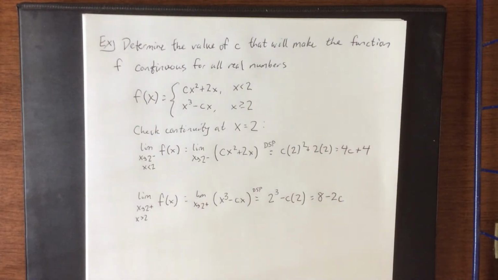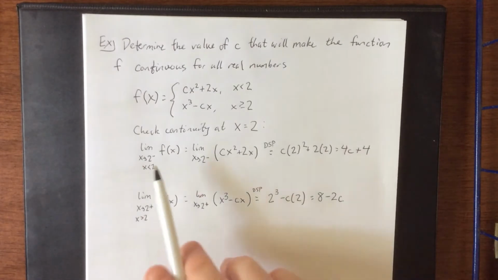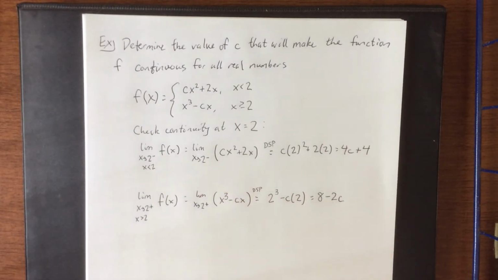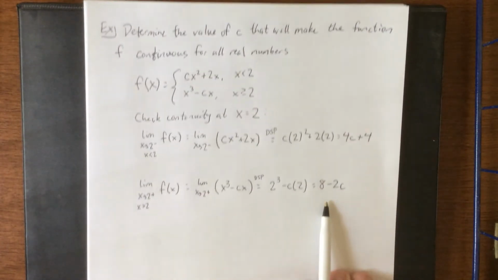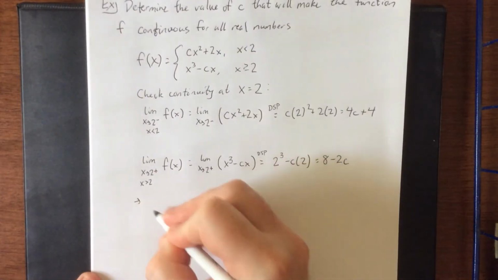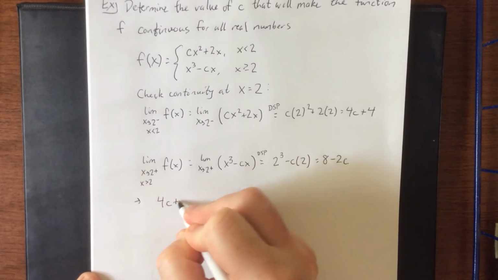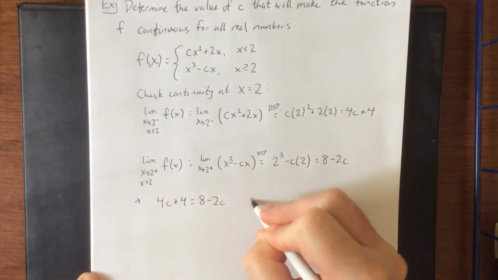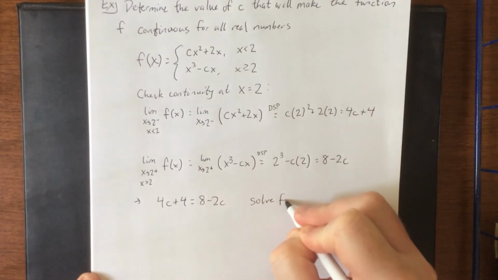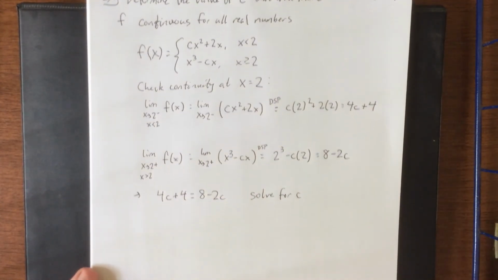In order for us to actually achieve continuity, we need that this limit exists, and the only way that the limit can exist is if the left-hand limit is equal to the right-hand limit. So we set these two limits equal to each other, and we are now going to solve for c.